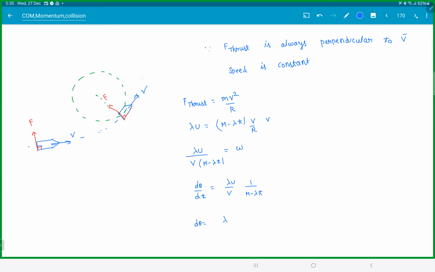So d theta is lambda u by v dt by m minus lambda t. Integrating from 0 to delta and 0 to t, delta is equal to lambda u by v, minus 1 by lambda, ln of m minus lambda t, from 0 to t.